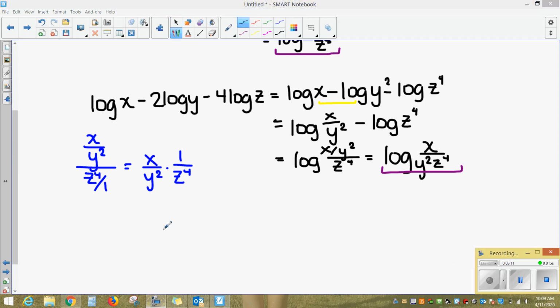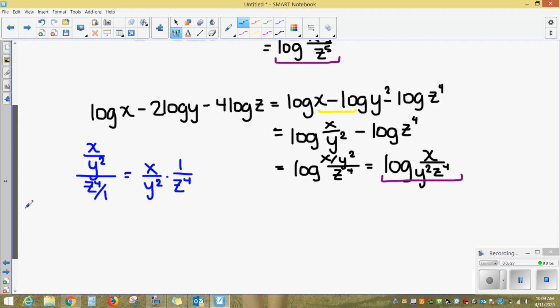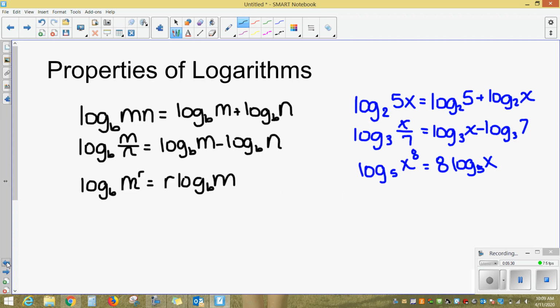Some things to keep in mind with our properties is don't cross your wires. We know that the sum of the logs is the log of the product, or the log of the product is the sum of the logs. But there is no property back here that says that we can do anything with the log of a sum or difference.